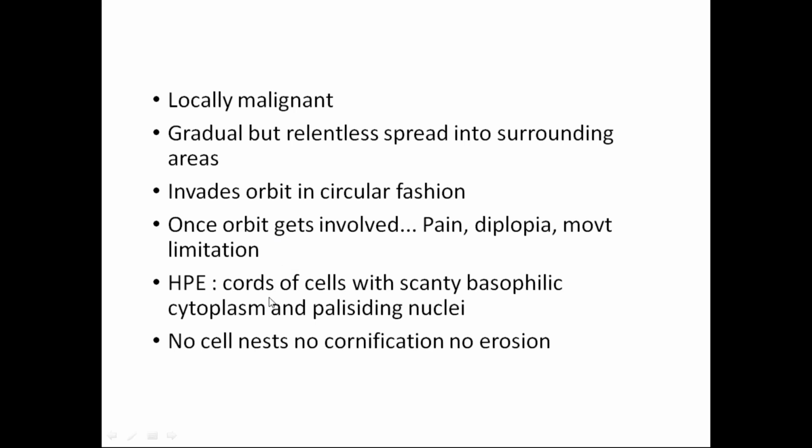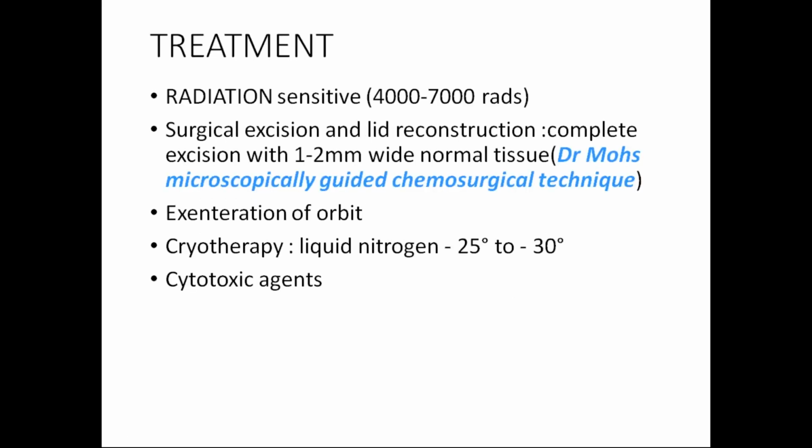On histopathological examination, you see cords of cells with scanty basophilic cytoplasm and palisading nuclei. This is the histopathological description of basal cell carcinoma, and there is no cornification or erosion in these cells. Treatment: radiation is the first preferred treatment.